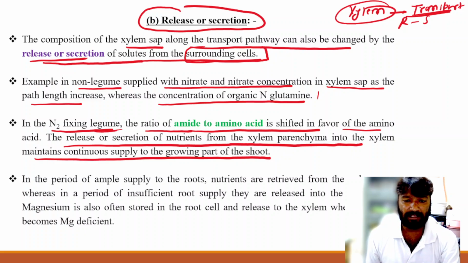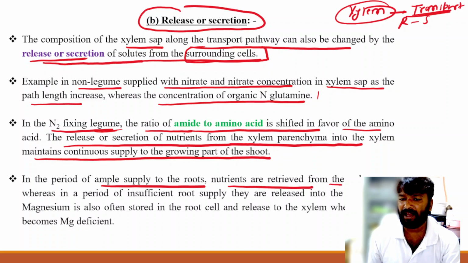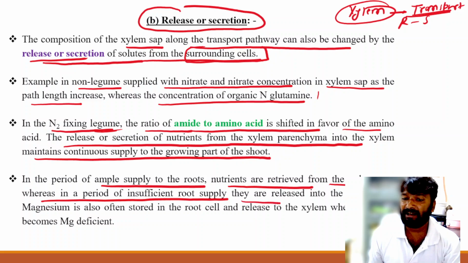In the period of ample supply to the root, nutrients are retrieved back from the xylem sap, whereas in the case of insufficient root supply, they are released into the xylem sap.